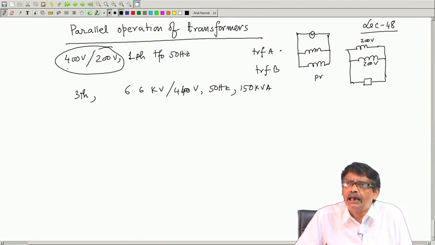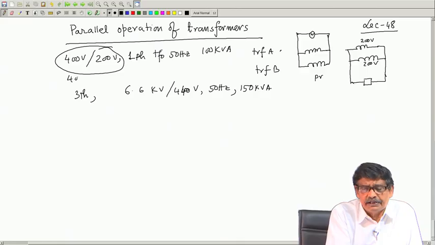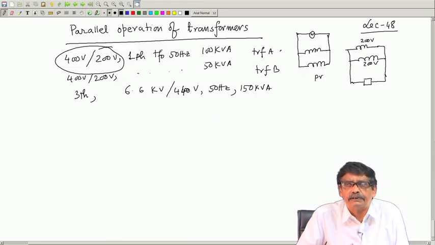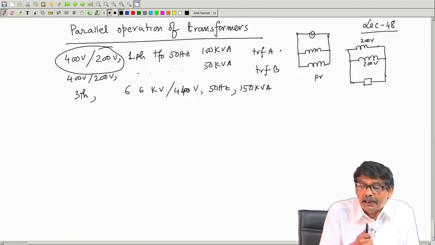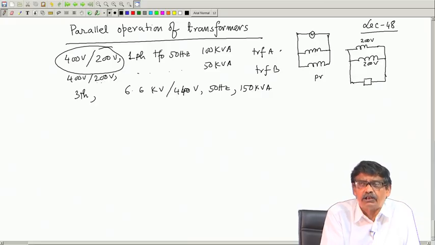You may have a 100 kVA transformer, which will be operating in parallel with another, same voltage, 50 kVA transformer, no problem. kVA rating may be different. But the only thing is, when they will be operating in parallel, kVA rating means essentially the current rating of either HV or LV.